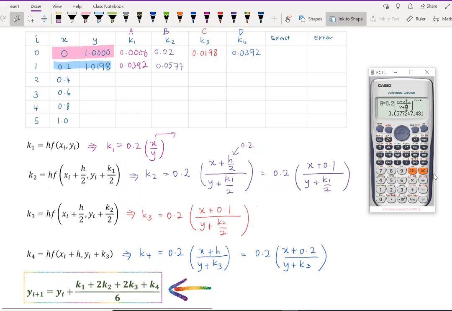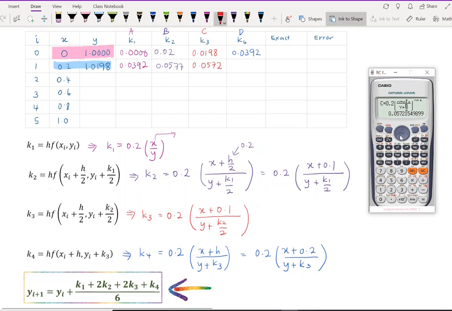So just equals, 0.0577. Again, find back the equation for C. So this is our equation for C. Click calculate. X is 0.2, Y is 1.0198 and our B is there. Now we get our C equals 0.0572.